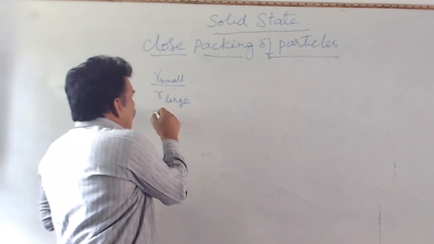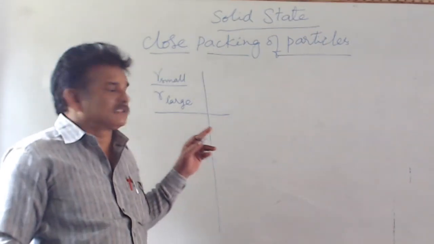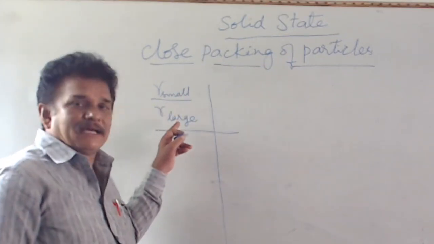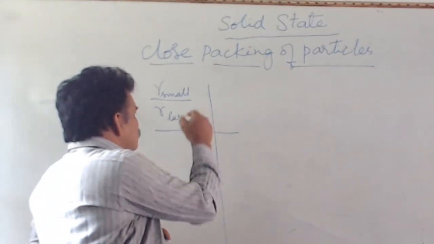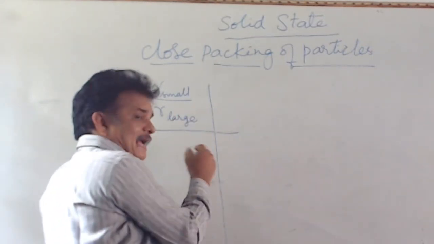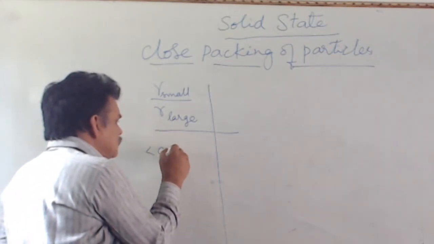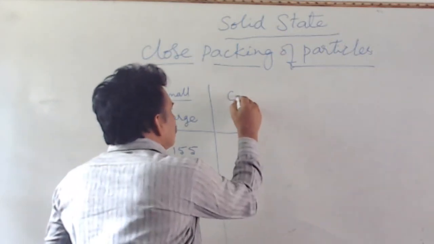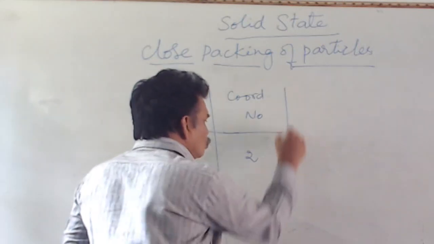Or in ionic crystals, this may be taken as radius of cation by radius of anion. If the radius of cation by radius of anion is less than 0.155, then the coordination number is 2.